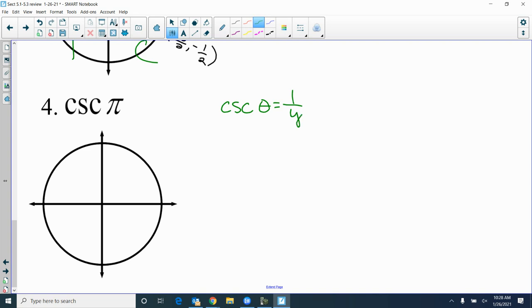Well, where's pi? It's 180 degrees. This coordinate right here is negative 1, 0. Well, we want 1 over y. So that's going to be cosecant of pi equals 1 over 0. And you need to state undefined. Okay, undefined.